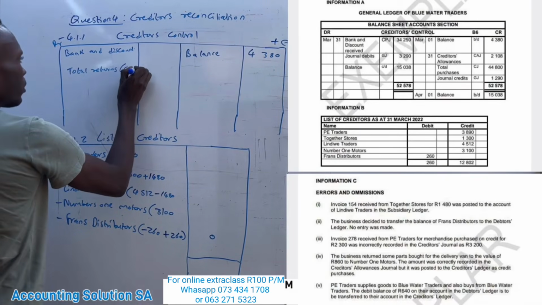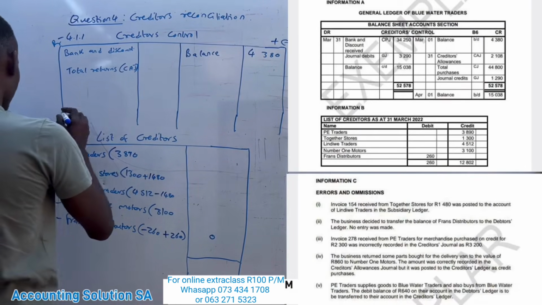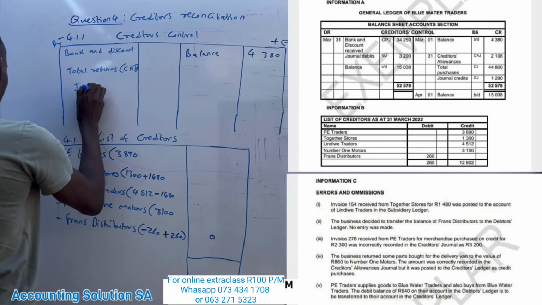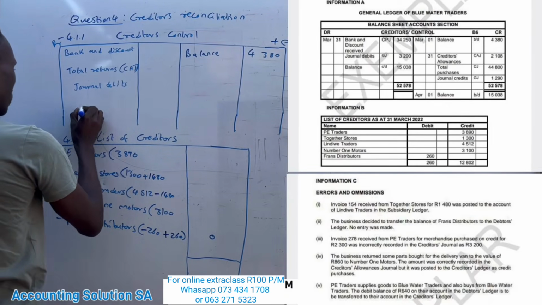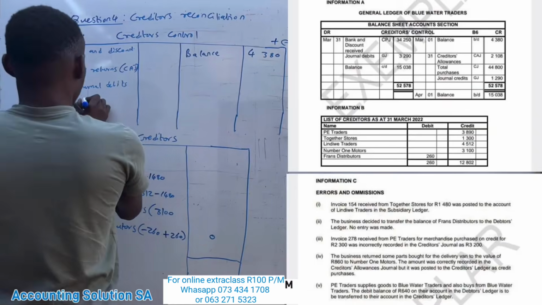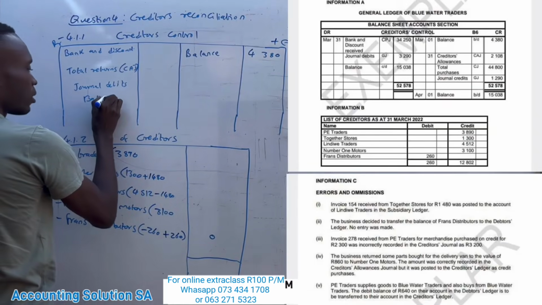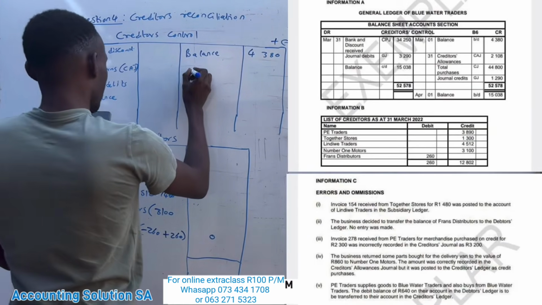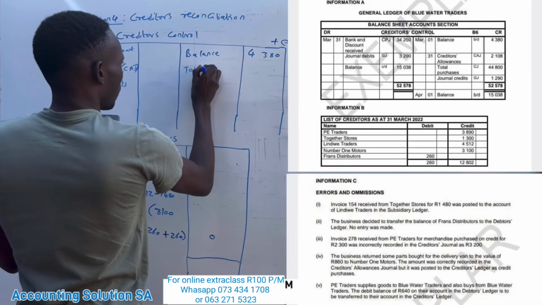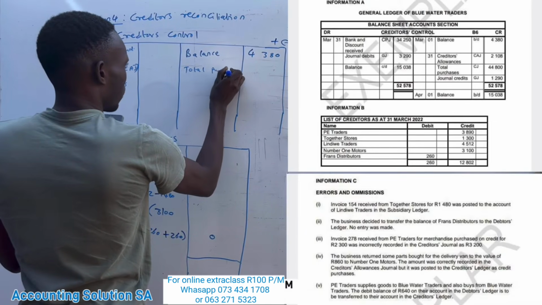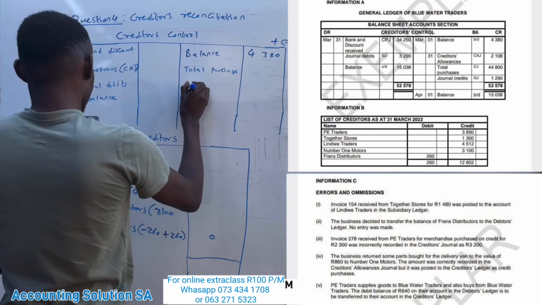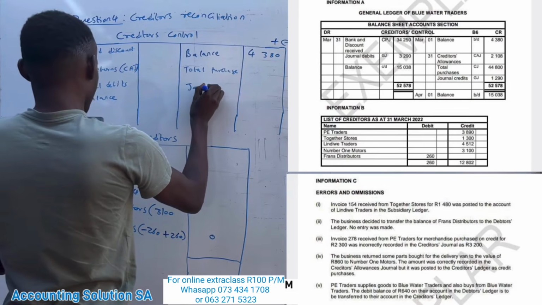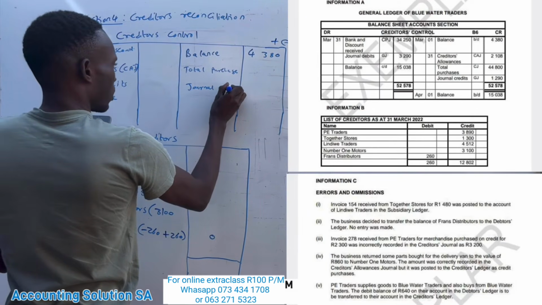CAJ is the same. Okay, and we have journal debit, and we also have our balance on this side, and on this other side we have total purchase. And the next one we have journal credit.